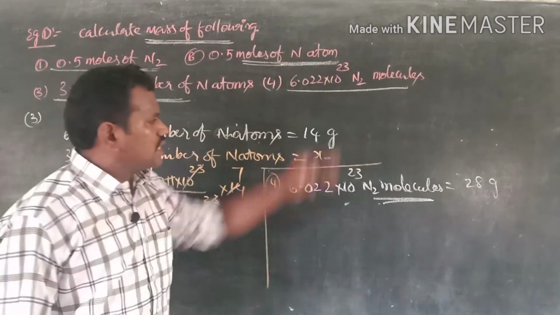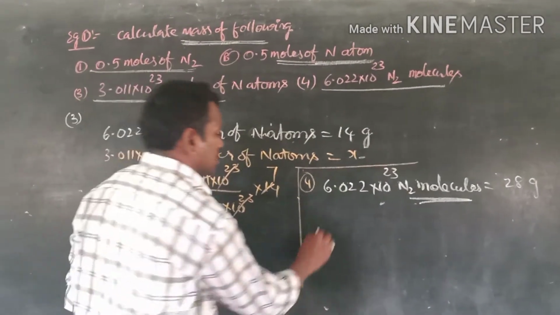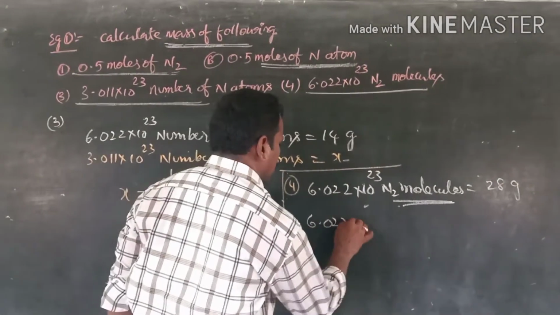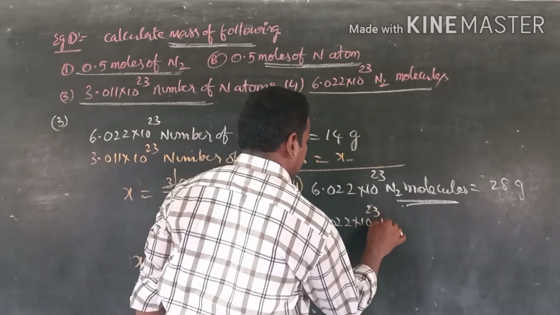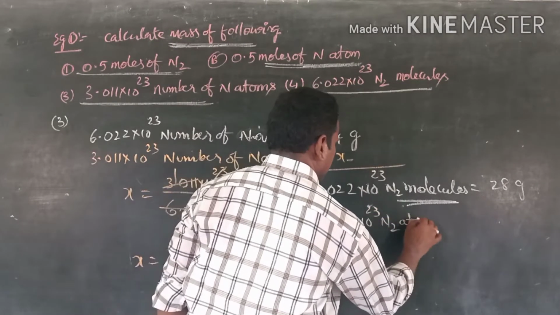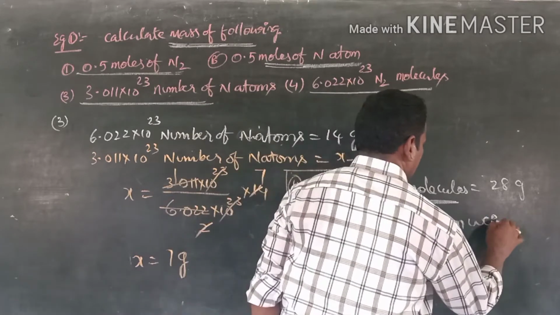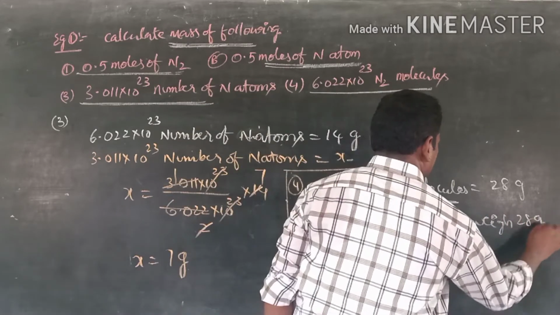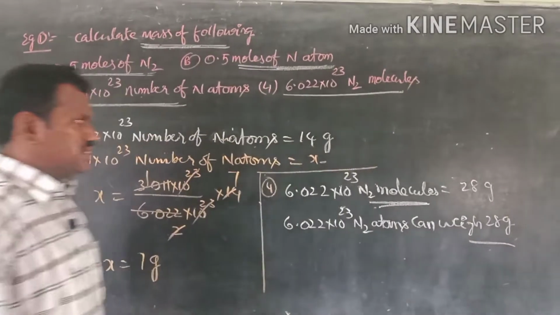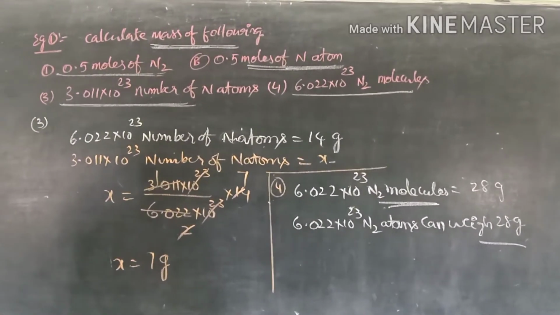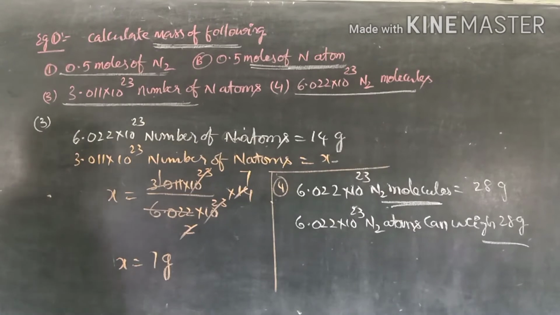They are asking that only. Means 6.022 into 10 power 23 N2 molecules can weigh 28 grams only. This is the answer for the fourth question. Like this, we are going to apply the concept of mole in various problems.